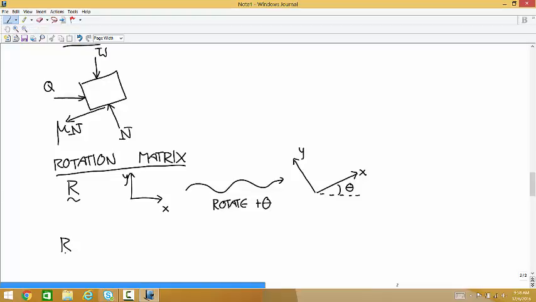So the rotation matrix R is cosine theta, sine theta, negative sine theta, cosine theta.